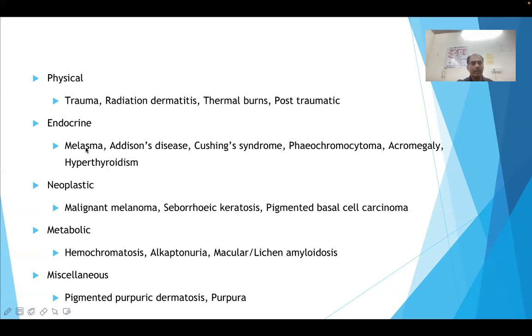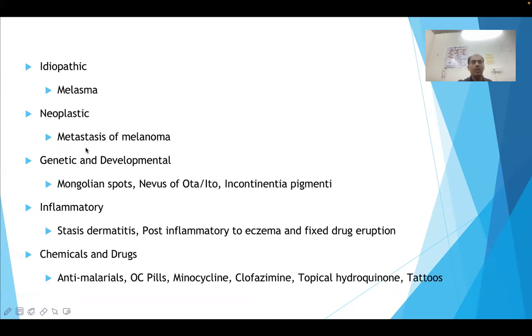Neoplastic causes such as malignant melanoma, seborrheic keratosis, and pigmented basal cell carcinoma. Metabolic causes include hemochromatosis, alkaptonuria, macular lichen amyloidosis, and other disorders such as pigmented purpuric dermatosis, etc., might lead to an increase in skin pigmentation.